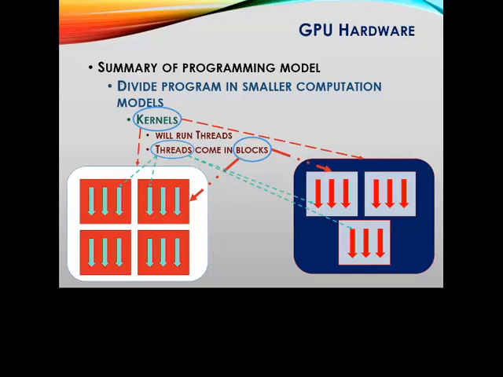If I were to run my kernels, then each kernel function is going to be replicated. So all these arrows are going to be my threads. Each of these is a replication of my kernel function. Each of them will have a unique ID, and they're going to be packed within blocks of operation.